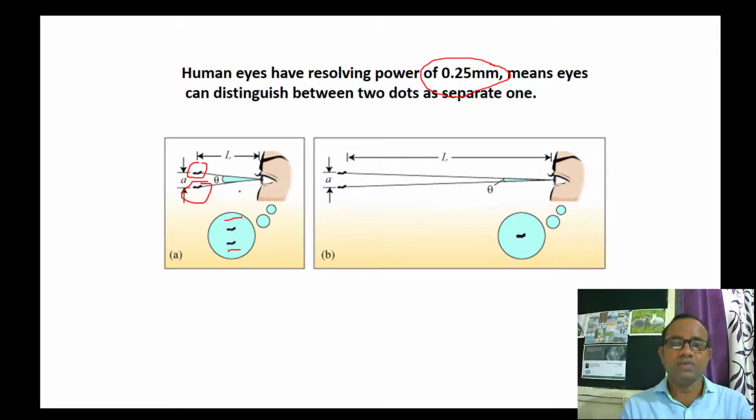What will happen if the distance decreases? Then the human eye cannot distinguish these two dots as separate, and sees them as one. So this is called the resolving power. A similar function is available in the microscope, which distinguishes the object by increasing or decreasing the length of the objective lens, right?